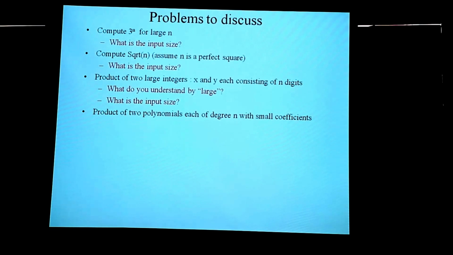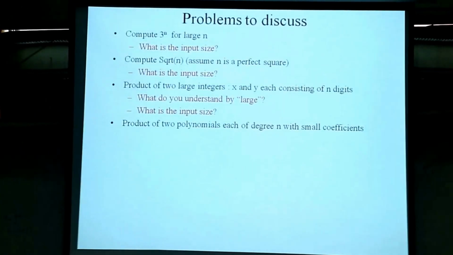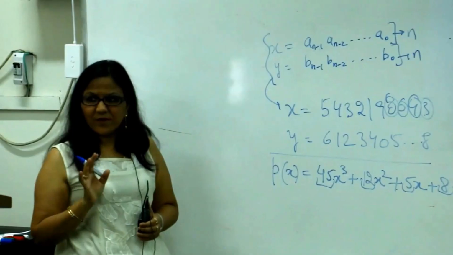Can you see that these can be stored in one integer word? They all can be stored in one integer word, integer block or whatever you might want to call it. So they can all be stored in one constant integer word. So they are all small. So the coefficients of a polynomial are small.